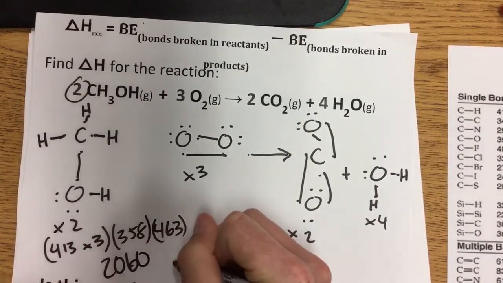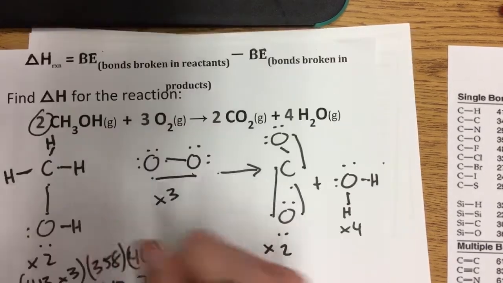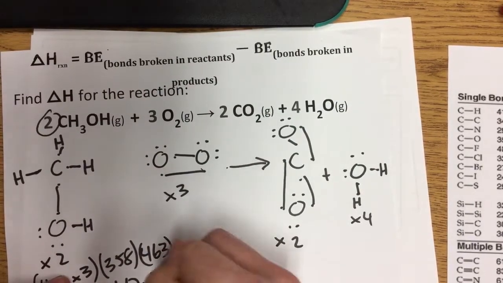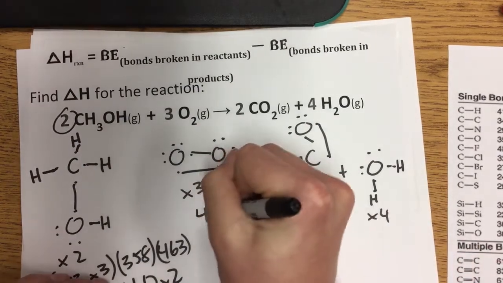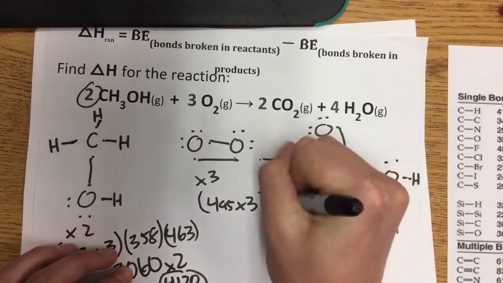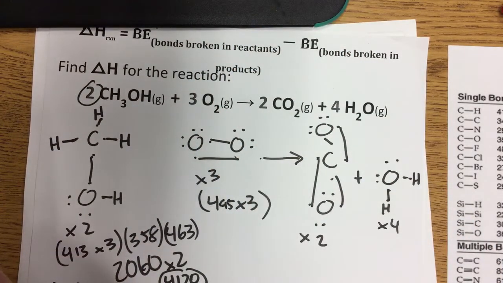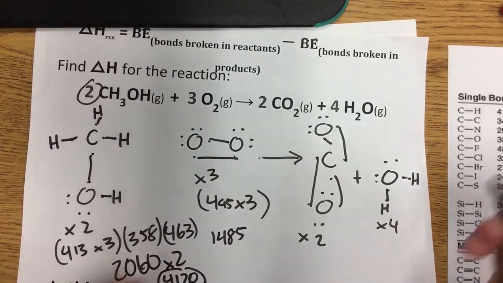Then we times that number by 2, which is 4120. And then we go over to O2, and it's a double bond, so you go down to the multiple bonds, and the double bond O2 is 495, and then you times that by 3 because there's 3 in the coefficients, and 495 times 3 is 1485.